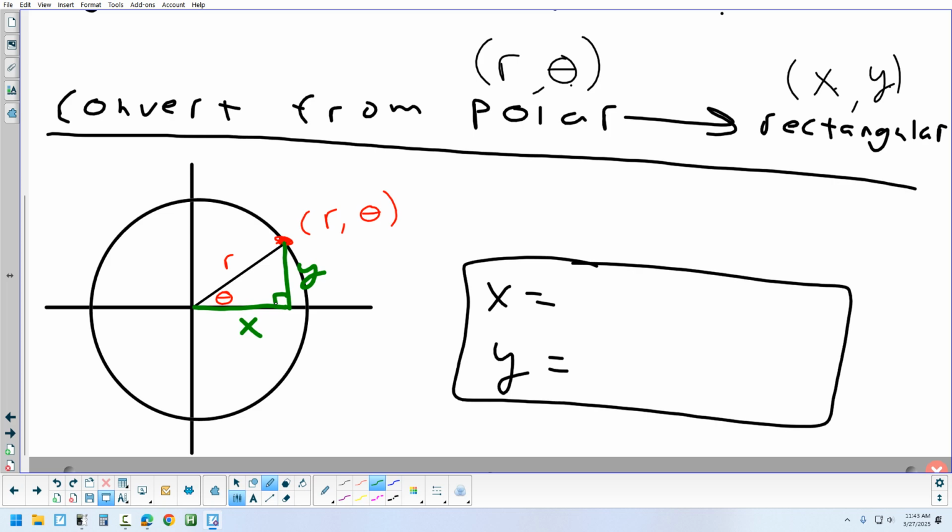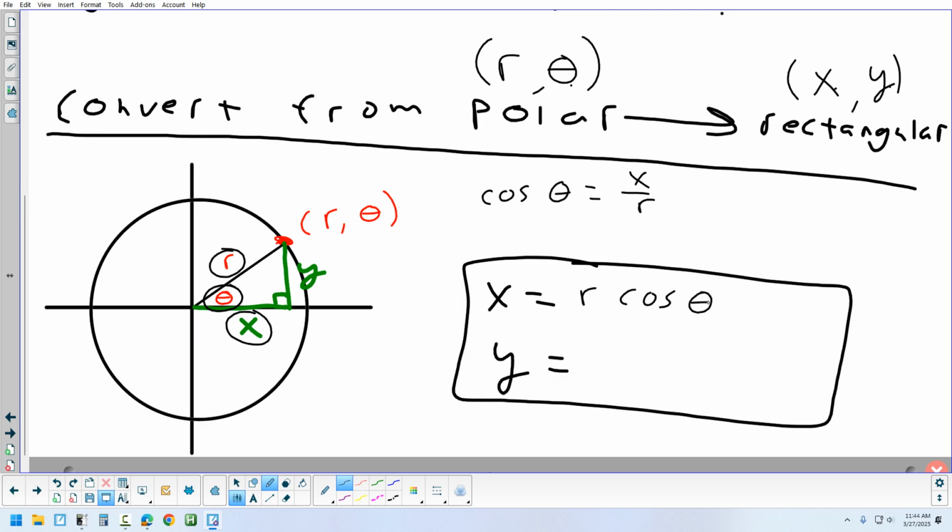What trig function would we use if we want to get a formula that relates x, that given piece of information, and that given piece of information? Cosine. So cosine would equal what? X over R. So then what would x equal? R cosine theta. That describes the horizontal movement of a coordinate if you know the rotation amount and the distance from the origin. Now the y is the vertical.